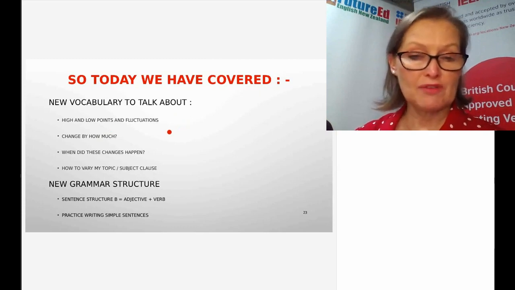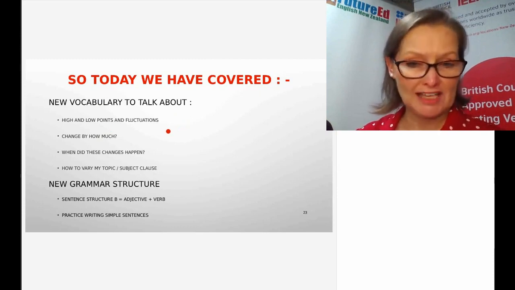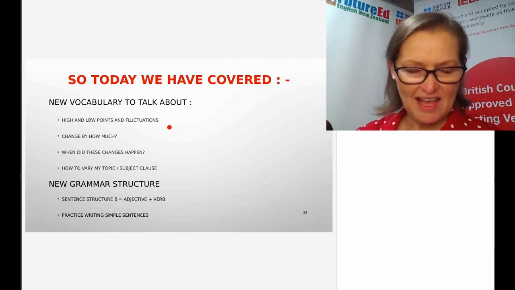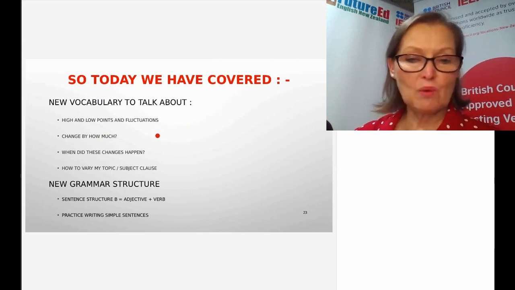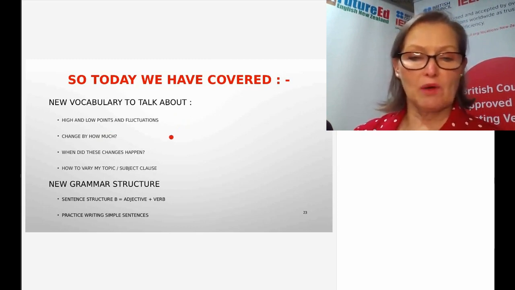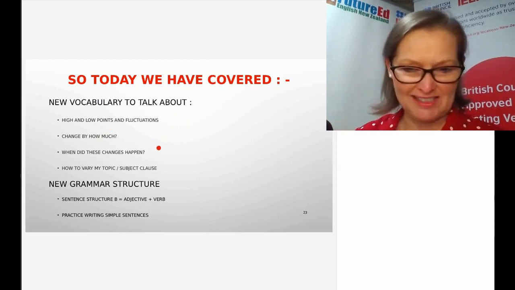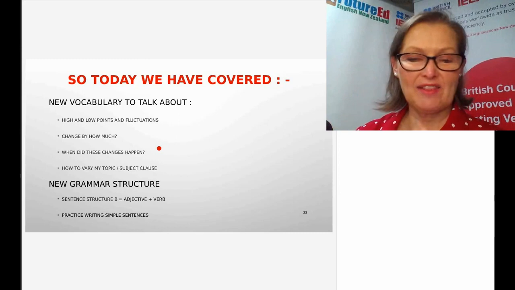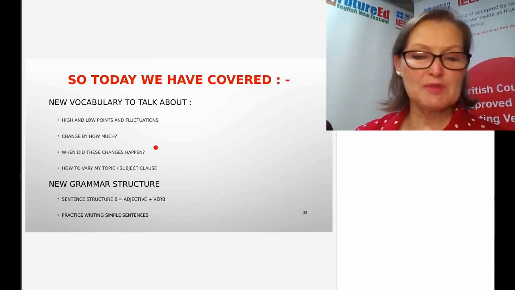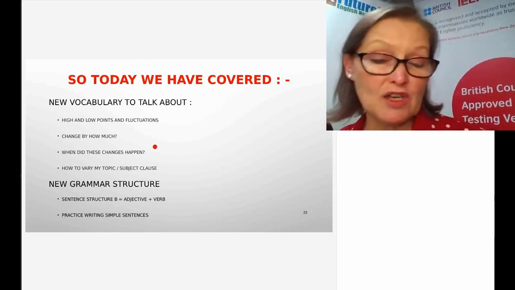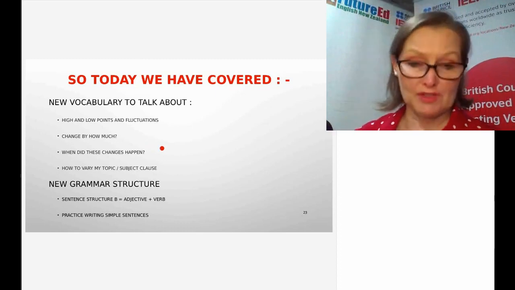And remember, those are the figures on my vertical axis. And then we've talked about what language to use to talk about when these changes happened, and those months and years we found on our horizontal axis.